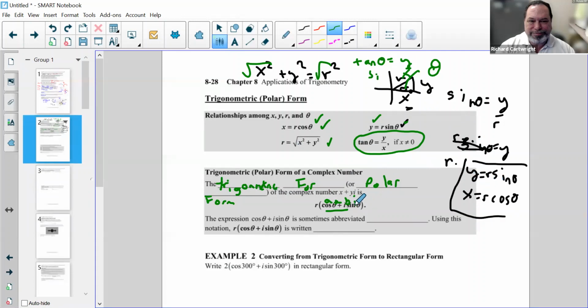So that's why you see cosine of theta inside, that's my x. And remember my complex number is a plus or minus bi. So plus or minus my b, I has to come from y equals r sine of theta. So if I put the r there, and I put the r there, r sine of theta, he factors the r out. See that?